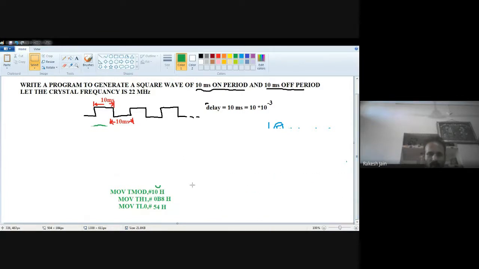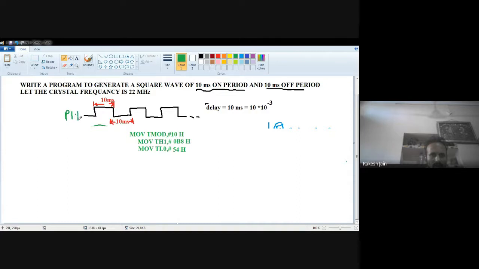Let's suppose we are going to make a program in which any port pin will generate the square wave. Let's suppose this is port pin P1.1.